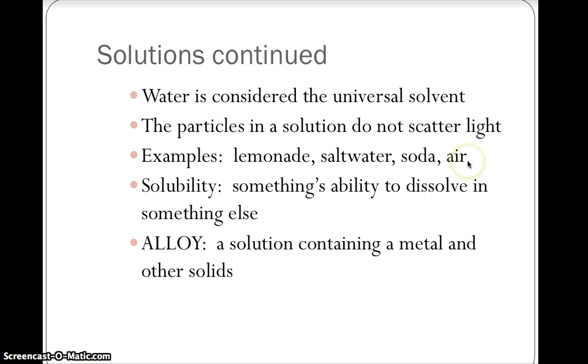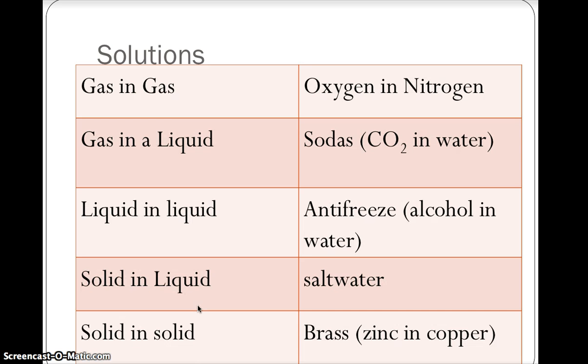In air, there is nitrogen as the solvent, and all the other different gases are the solutes. Solubility, that's something's ability to dissolve in something else. And an alloy is a solution containing a metal and other solids, typically a metal and a non-metal like bronze or brass. So when I said it was a mixture last class, bronze, this is what I was talking about. It's an alloy. It's a mixture of, I believe, copper and iron or copper and nickel.